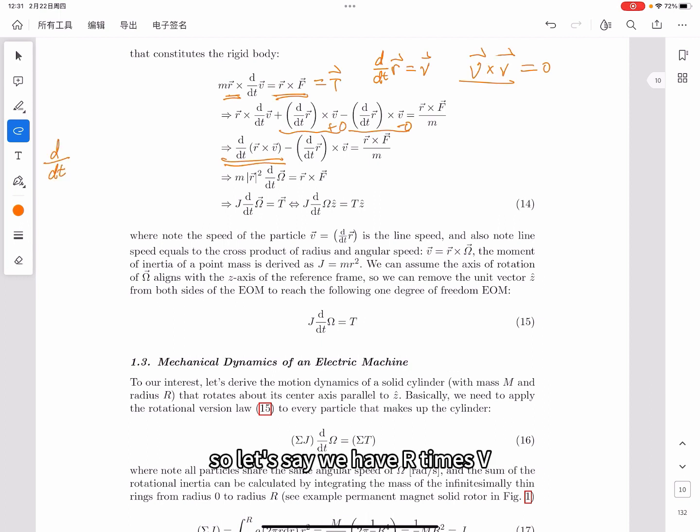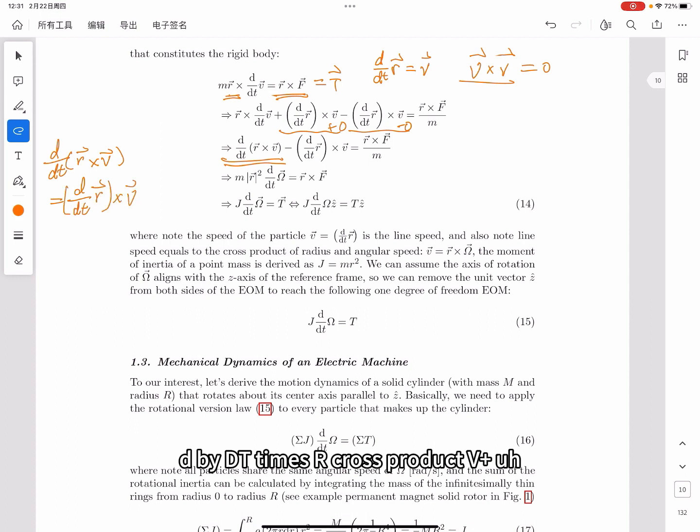So let's say we have r cross v. It evaluates into d by dt of r cross v plus r cross dv by dt. So by doing that, we have this term here.